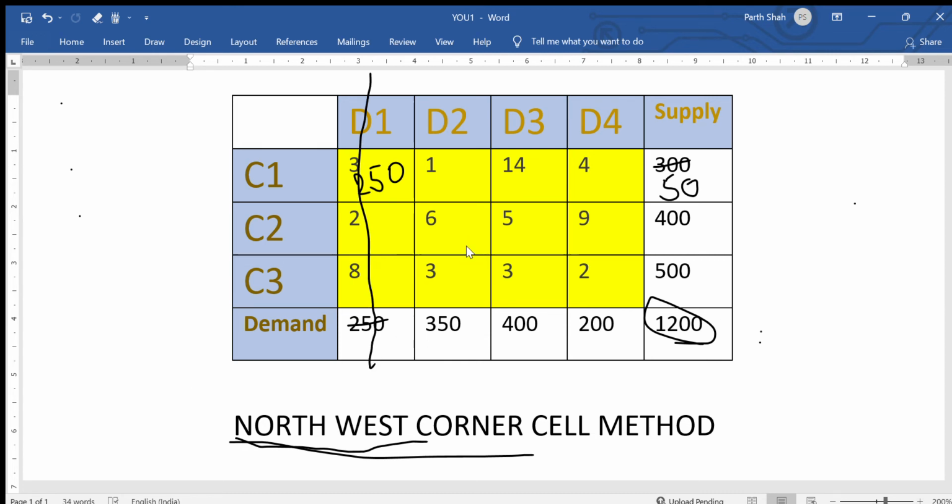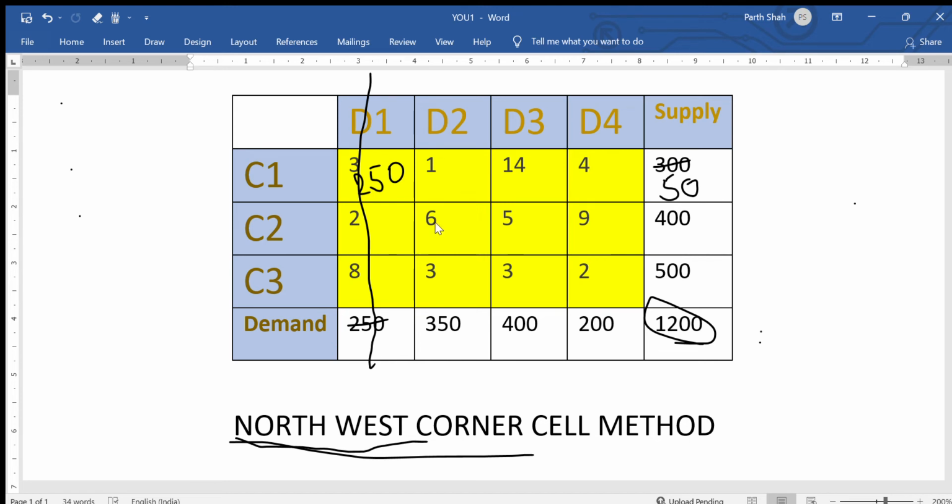Now, step number 2 is to again find the northwest corner. We consider only the remaining cells, not the cells which are exhausted or cut. In these, the northwest corner is C1 D2.